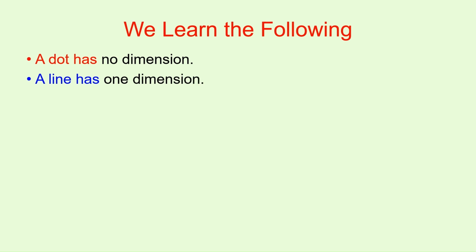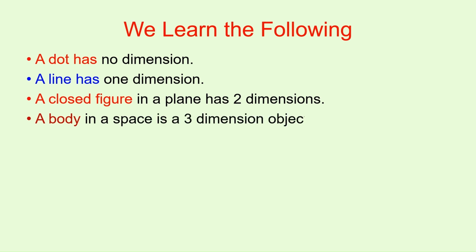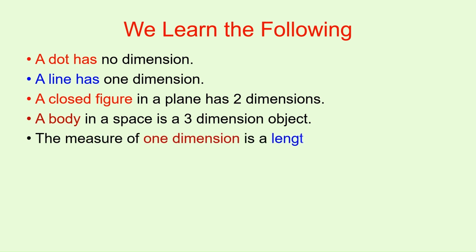We learn the following in this video. A dot has no dimension. A line has one dimension. A closed figure in a plane has two dimensions. A body in a space is a three-dimensional object. The measure of one dimension is a length.